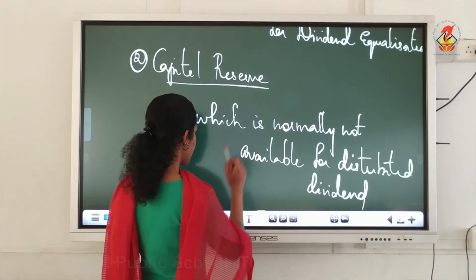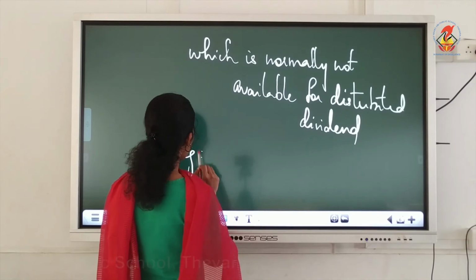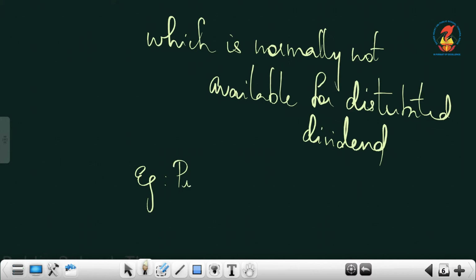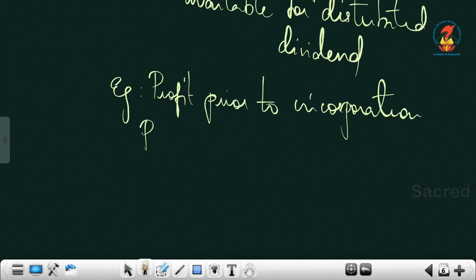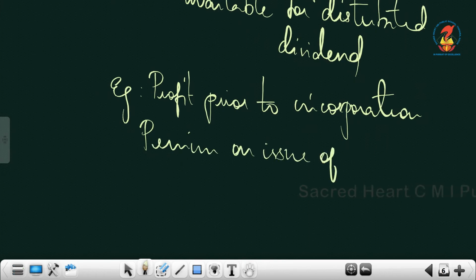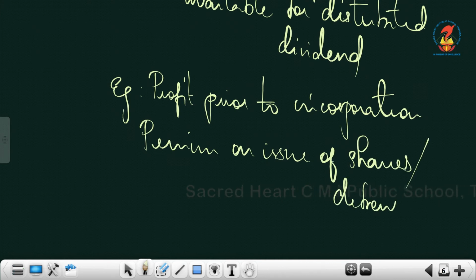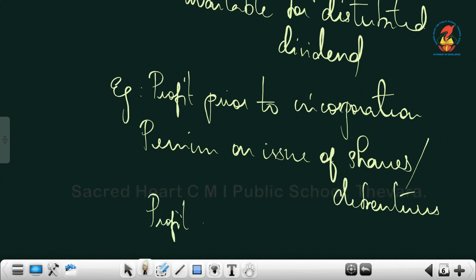Examples for capital reserve: you can write profit prior to incorporation, or premium on issue of shares or debentures, then profit on sale of fixed assets.